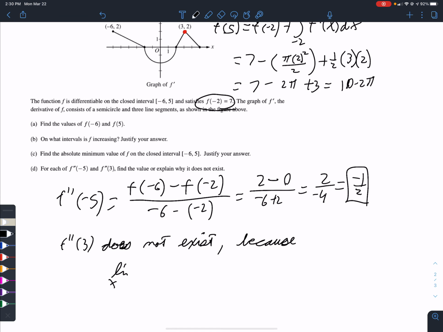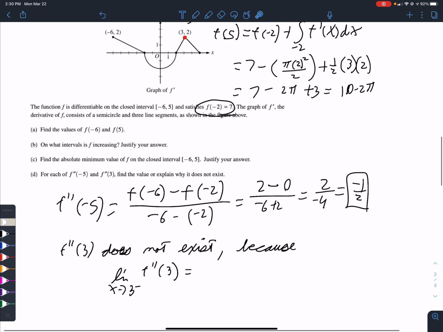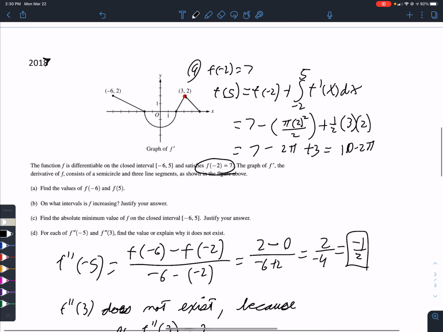The limit as x approaches 3 from the left of f double prime of 3 equals, and we can see that slope is going to be what? A rise of 2 and a run of 1 equals 2. And the limit as x approaches 3 from the right of f double prime of 3. So the derivative from the right, that's going to be a slope of what? Negative 1?